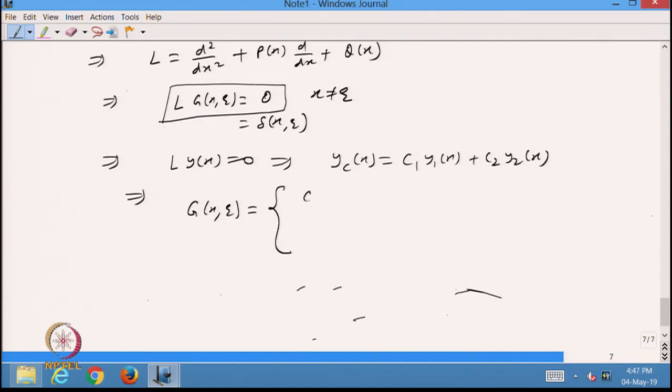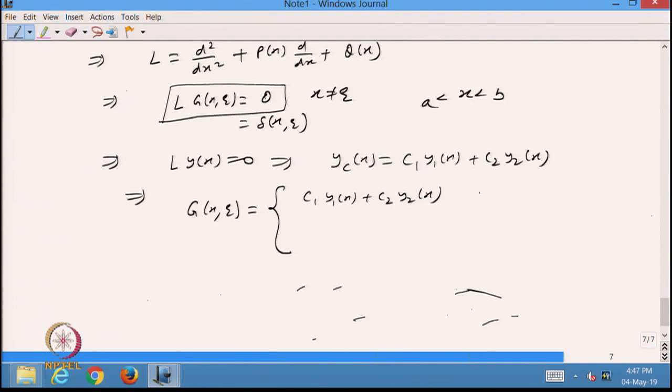So, this will be, I just define C1 y1(x) plus C2 y2(x). This is because x is not equal to xi. In this case I am taking x lying between a and b, and xi is also lying between a and b.